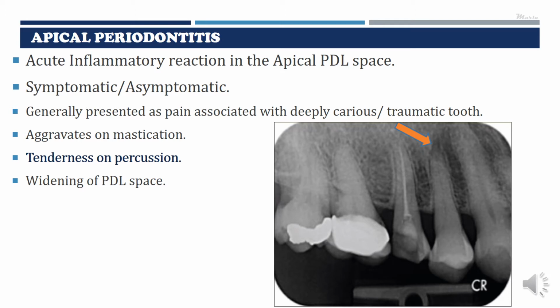In the test of percussion, vertical percussion is done on the occlusal surface, generally on the tip of the cusp, such that the pressure is transmitted into the periapical area. Presence of any inflammation will result in pain and can be a sign of positive periapical involvement.